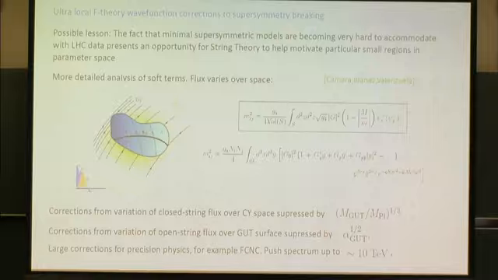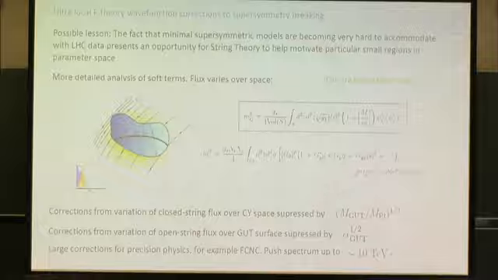And the corrections induced to the four-dimensional result are not that suppressed. For example, from the variation of the flux over the Calabi-Yau, you find a suppression of M_GUT over M_Planck to the third, which is not that small. And the corrections from variation of the flux over the GUT brane correct the results by alpha_GUT to the half. So that's again not that small. These are big corrections.